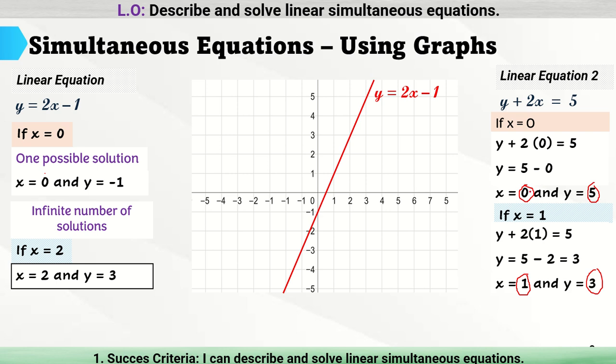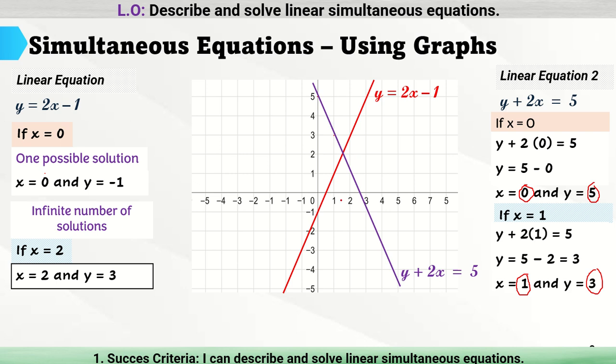So now we have 0 and 5. So x equals 0 and y equals 5. So my first point is here. The second is x 1, y 3, which will be this point, right? Now let's draw a line. Now you can see that I have drawn lines for both the equations on a graph, right?